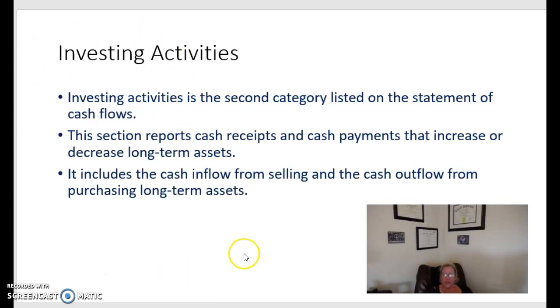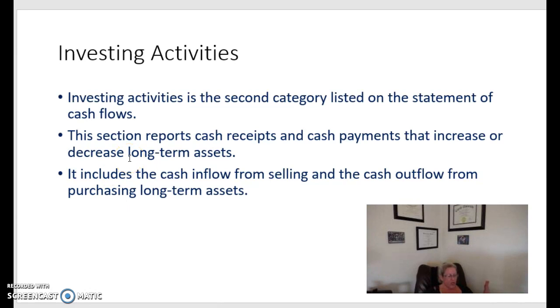The next section is the investing activities. Investing activities is usually the second category listed on the statement of cash flows. It reports cash receipts and cash payments that increase or decrease long-term assets. So if you purchase a building for your business, that's a long-term asset.